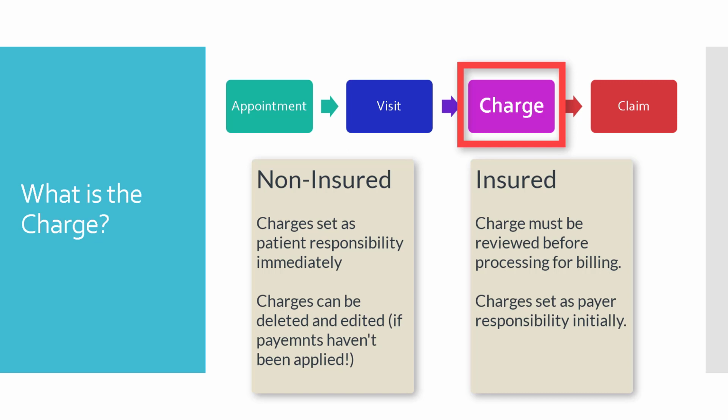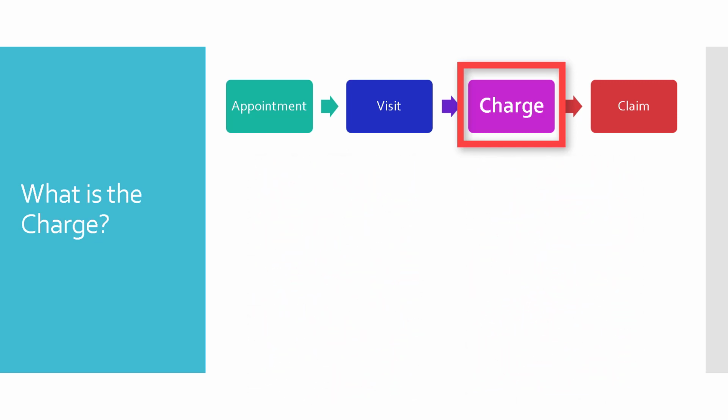If changes need to get made, such as modifiers added or procedural codes added or adjusted, deleting the charge resets a visit status, allowing the clinic to make sure documentation from the complete visit matches the submitted charges. Once an insured type charge is processed to billing, it becomes a claim.